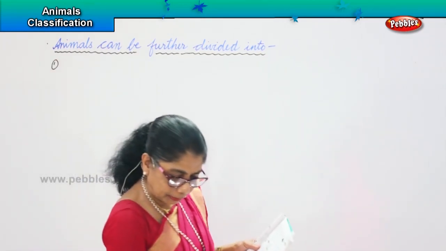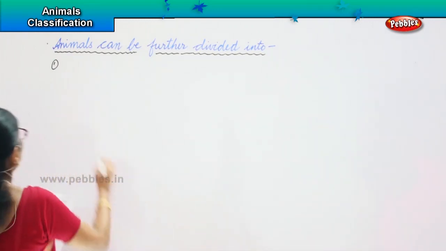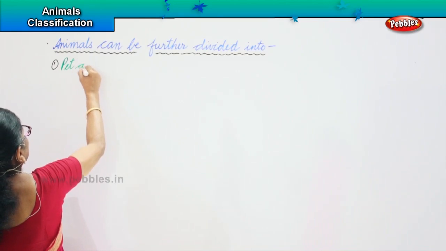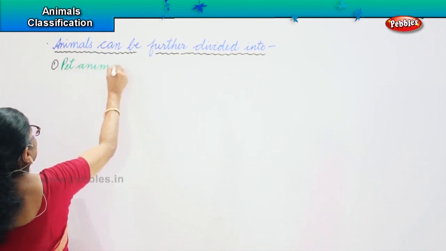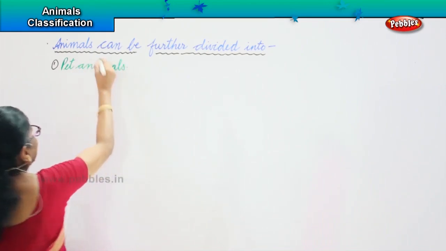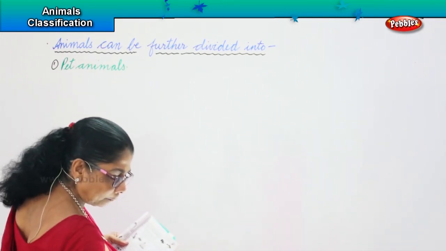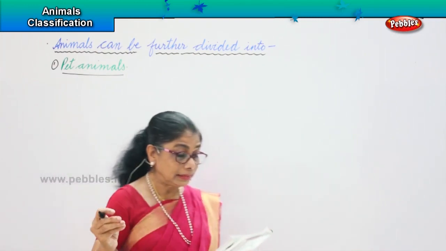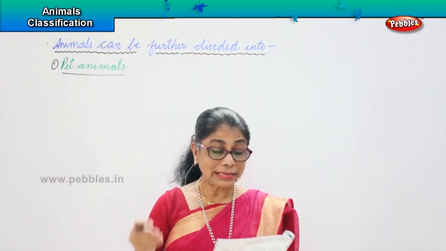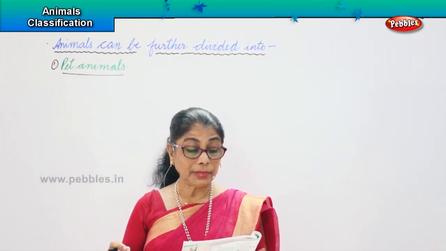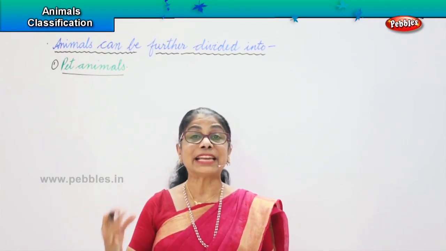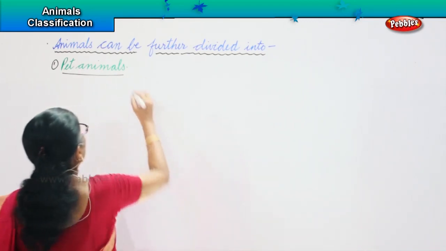pet animals. Okay, we all have pet animals. What are these pet animals? Who are they? Pet animals are animals that we keep in and around our home. So literally, pet animals live in our home.